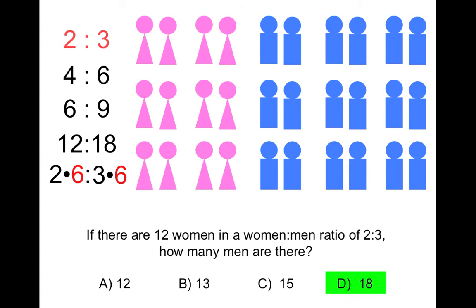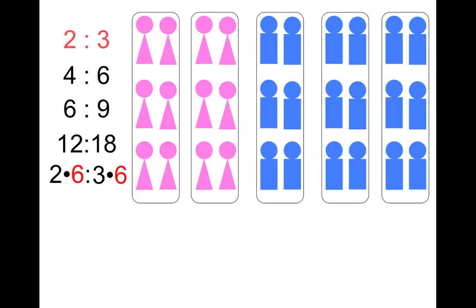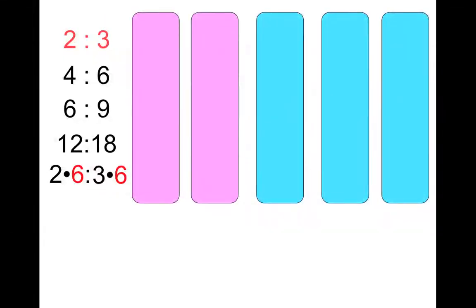In fact, a 2 to 3 ratio is really just telling us that there are 2 groups of women and 3 groups of men, and these groups are the same size. It doesn't matter how big the groups are in order to stay in this ratio, as long as we have 2 equally sized groups of women and 3 equally sized groups of men. If we don't know how many are in each group, we can give them a letter.